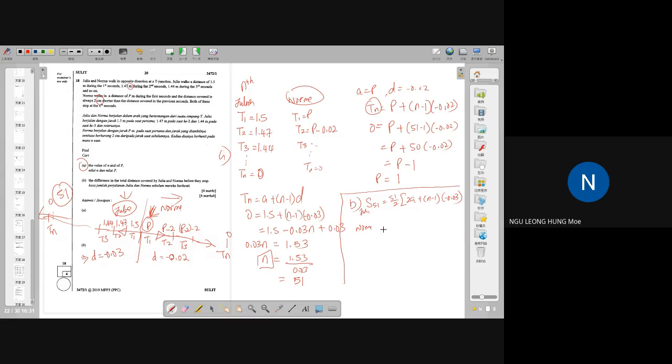Norma S51, 51 over 2, 2a, bla bla bla. Kamu tolak. Boleh faham? Ivy? Ivy faham tak? Boleh, bagus. Nanti kamu cuba lagi. Kalau tak dapat jawapan nanti you tanya saya balik. Nanti cikgu bagi lagi jawapan untuk step dia.